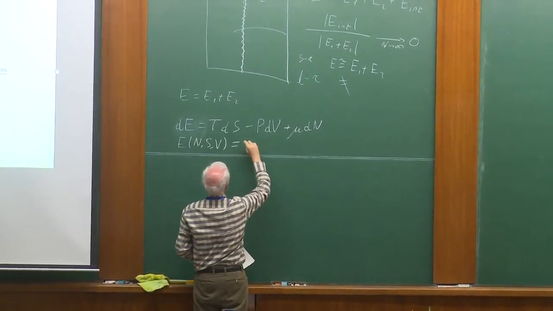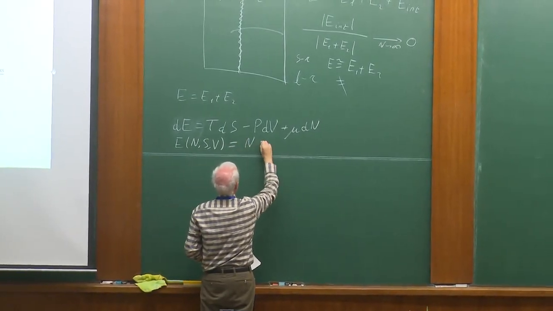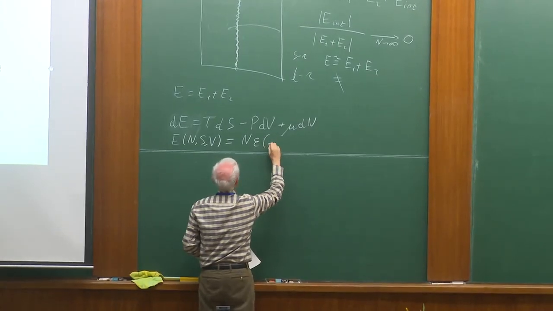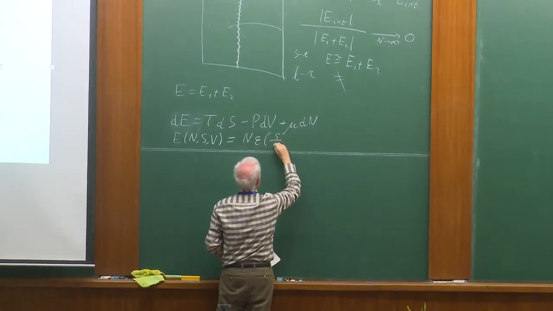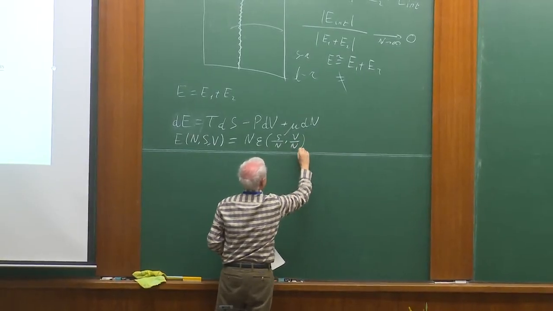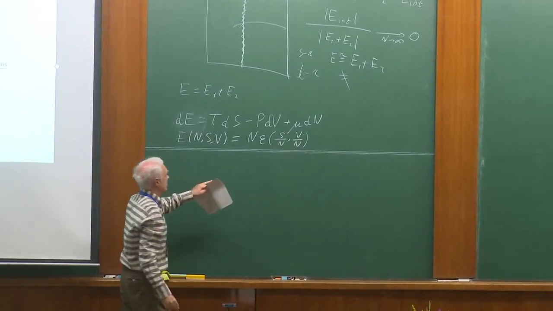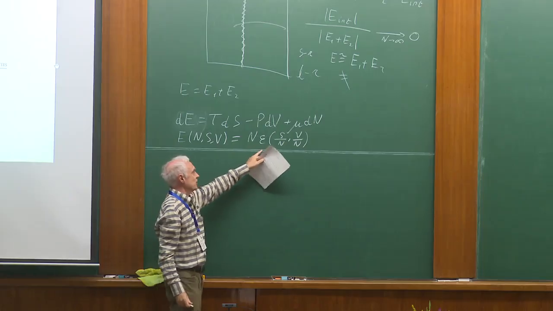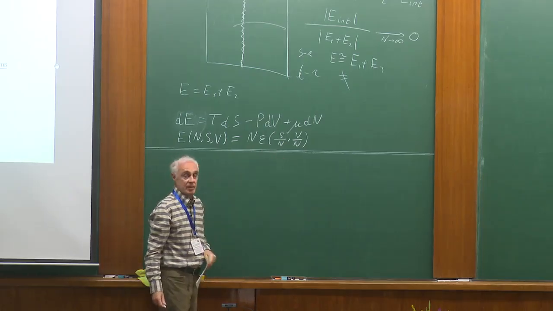But because of additivity, this will be a function of this form. So the energy will be a linear homogeneous function of the extensive variables.